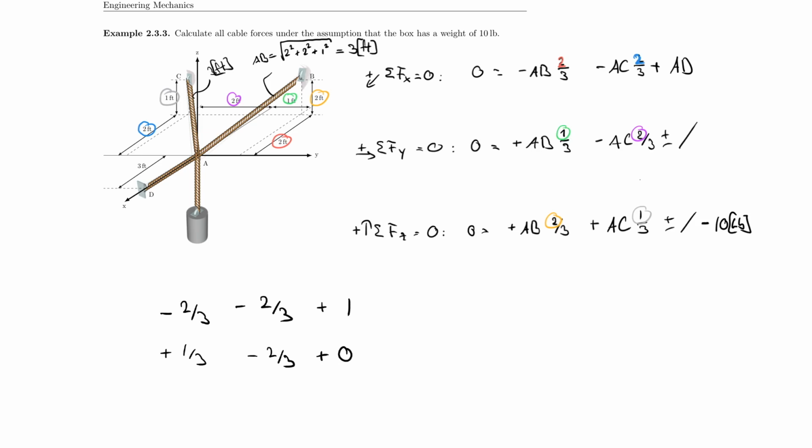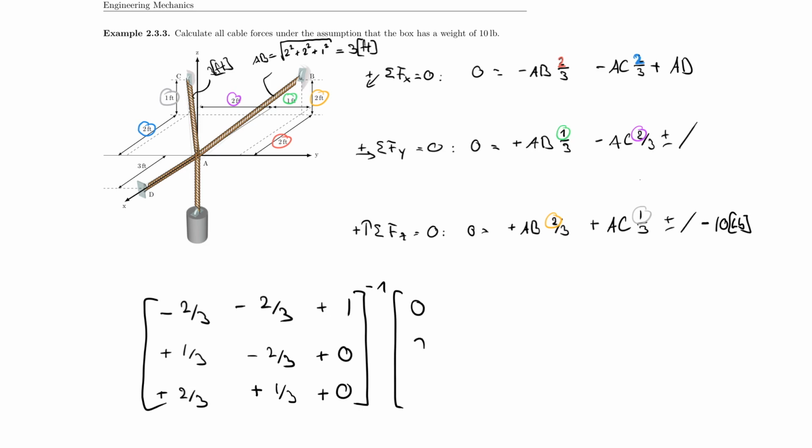And we have plus 2/3, plus 1/3, plus 0. And that would be the matrix, which you have to invert, of course. 0, 0, 10. And keep in mind that we're talking about AB here, AC, and AD.